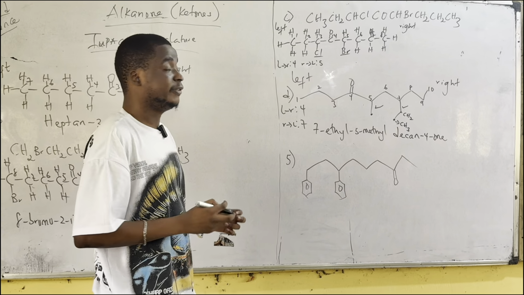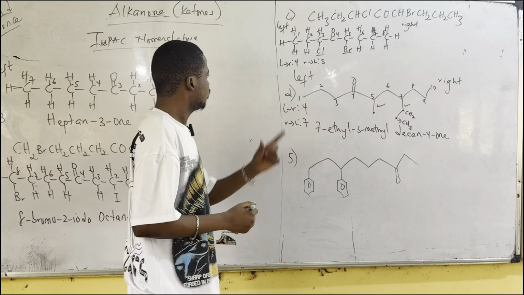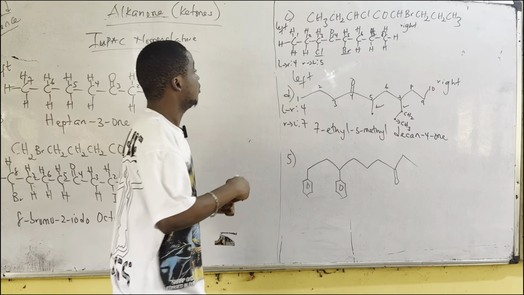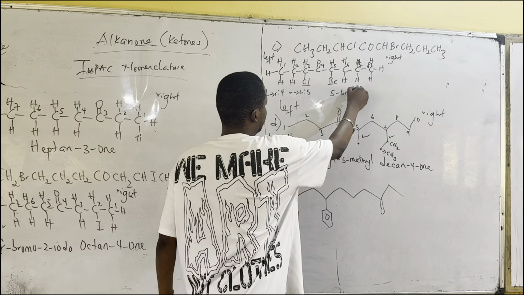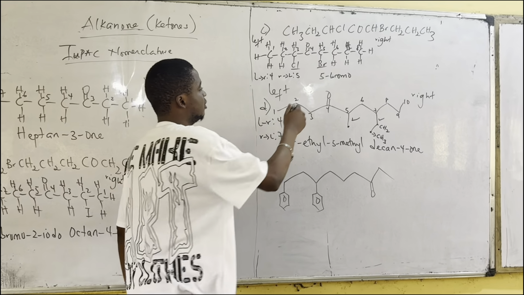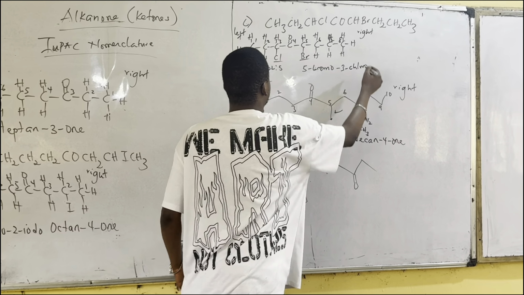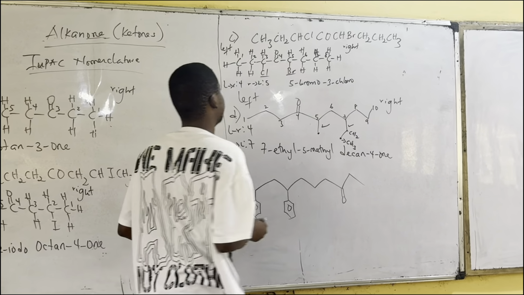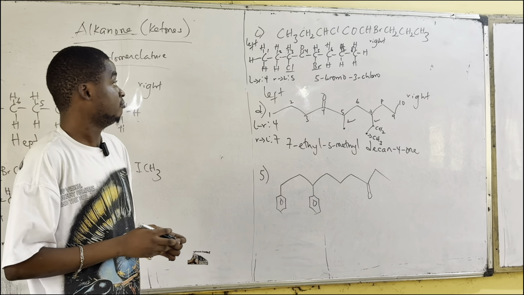So we must name them first before the parent name in alphabetical order. Bromine is on carbon 5, so it's 5-bromo. Then chlorine is on carbon 3, so it's 3-chloro.